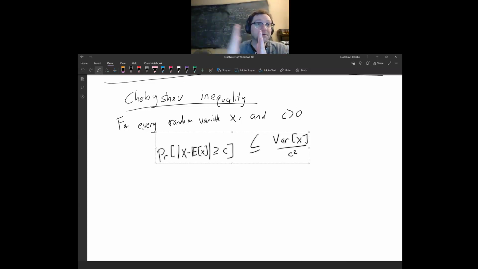Markov gives you a different gap that is still true, but it's a much wider gap. So Markov is nice, it's straightforward. Chebyshev pulls things closer. This is called a tighter bound on the probability.